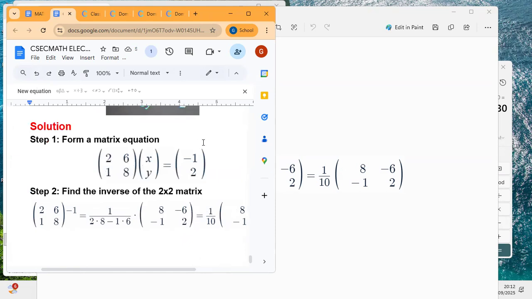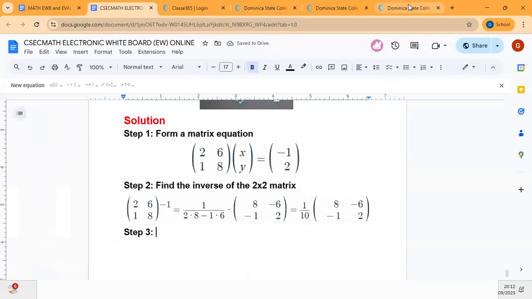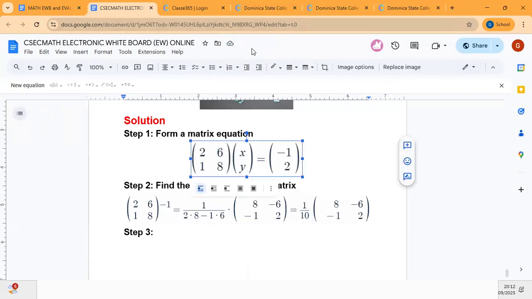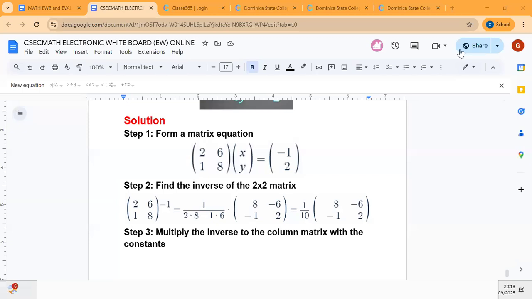Now, what is step number 3? For step number 3, we have our inverse already. Here it is.